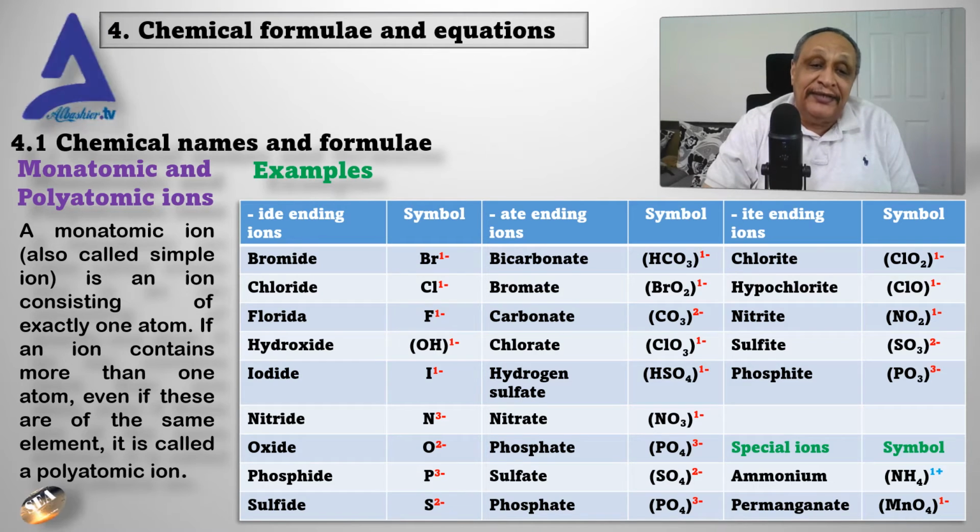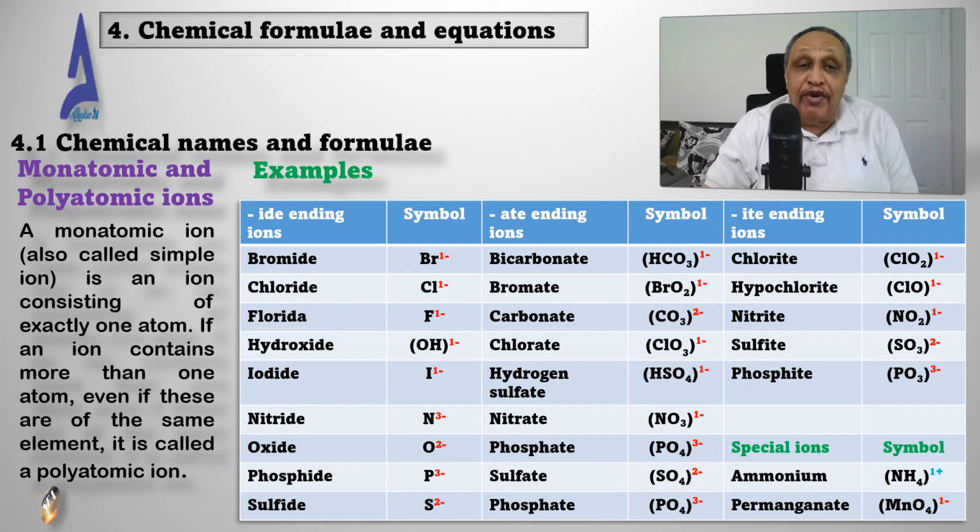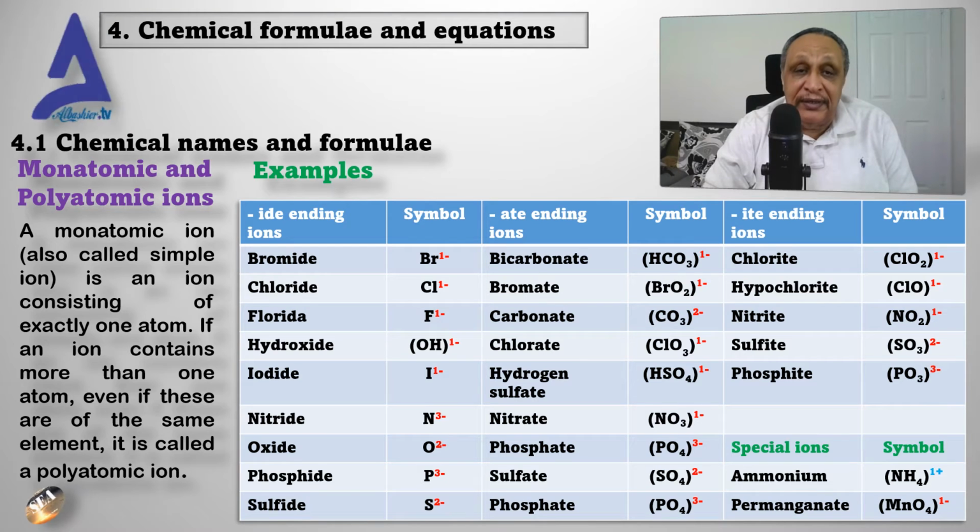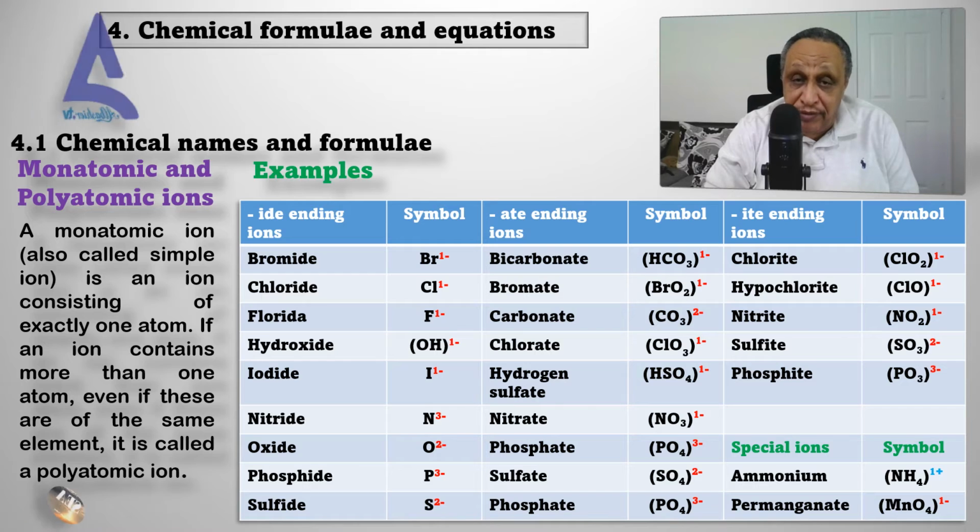Now, let us go for the first one, bromide. It comes from brom, which is Br, and it is -1. Chloride, Cl, -1. Fluoride, F, -1. Hydroxide, OH, which is here a group, and -1. Iodide, I, -1.